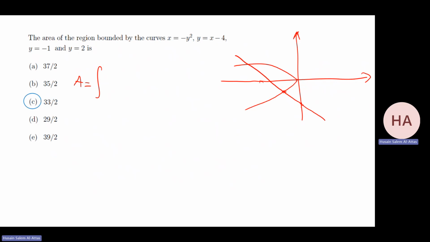I'm not sure, let me check. If y equal minus 1, then x is y plus 4. X is y plus 4. So if y equal minus 1, no, this is not the point of intersection.